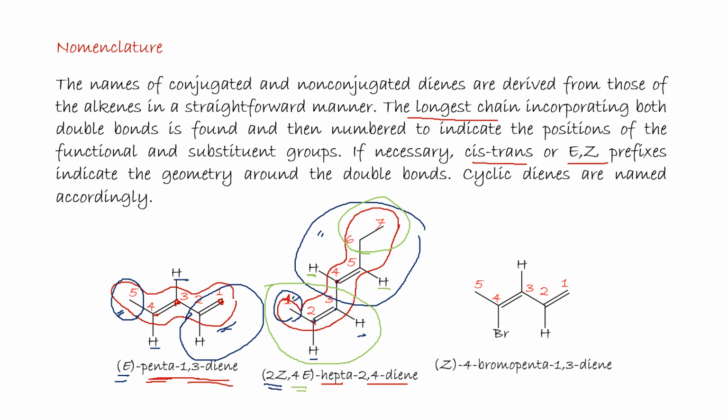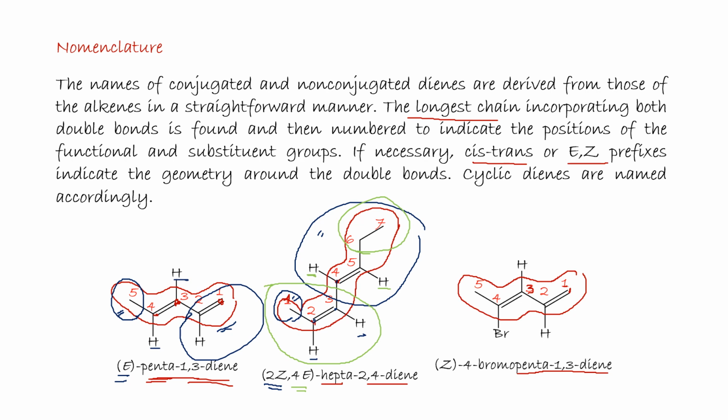Let us look at this molecule. Here we have a long chain of 5, again at 1 and 3. So it is penta-1,4, sorry, penta-1,3-diene. And looking at carbon 1, it has 2 hydrogens, so there is no E and Z or cis and trans.